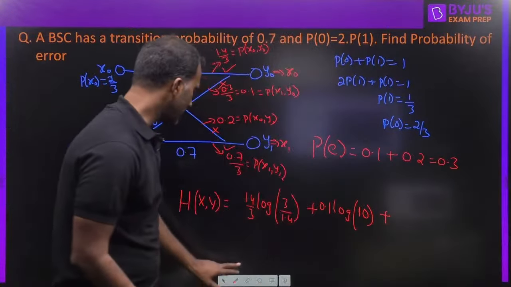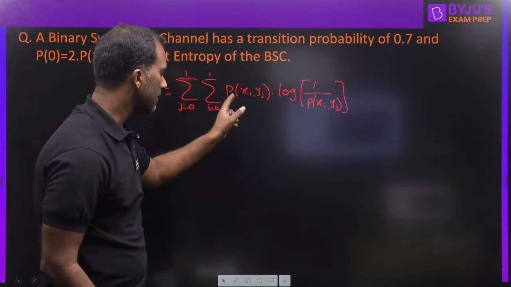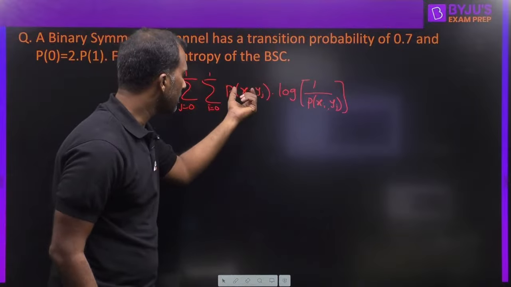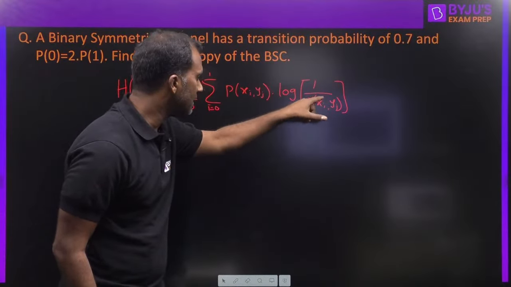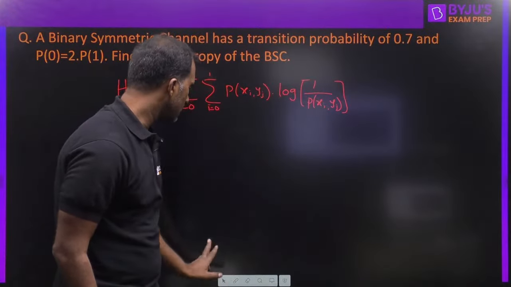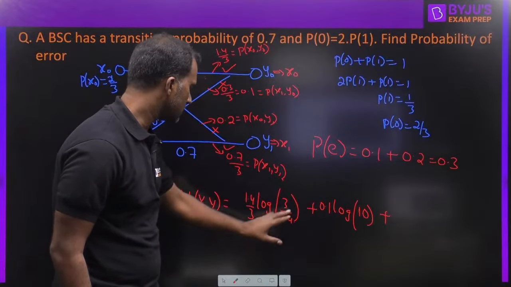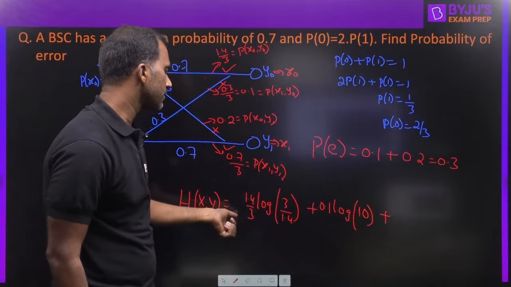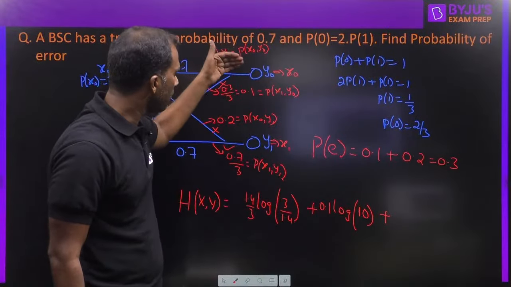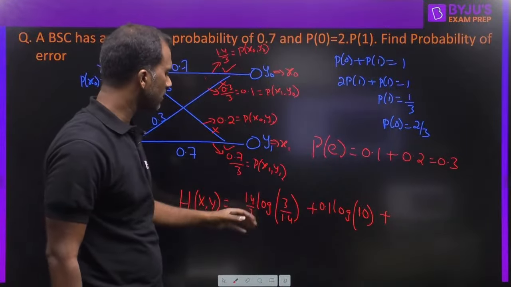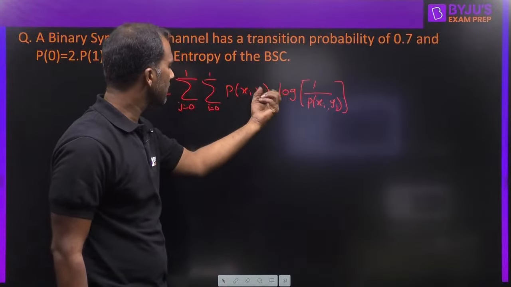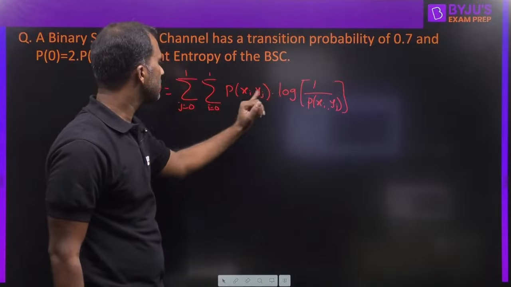Whatever formula I have written here, the same thing I am applying here. We multiply the probability, and inside the logarithm it is inverted. Inside the logarithm we are inverting, outside we are multiplying with the same probability. Since there are 4 intersection probabilities, we do the same thing for all of them, for different combinations of i and j.